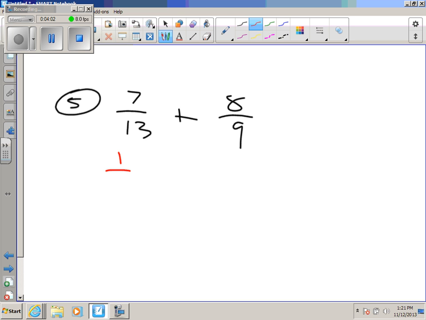Half. And what about the 8/9? Do we say that's closest to 0, half, or 1? 1. So now we just add what we came up with, and half plus 1 is 1 and a half.